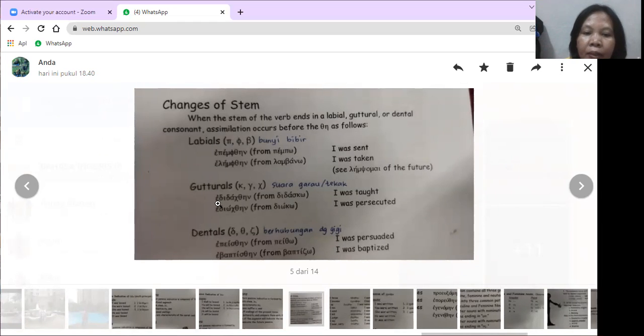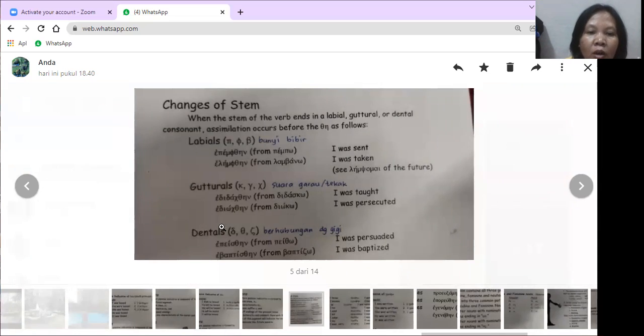For example, edidachthen from didasko, meaning I was taught. Edioxthen from dioko, meaning I was persecuted.